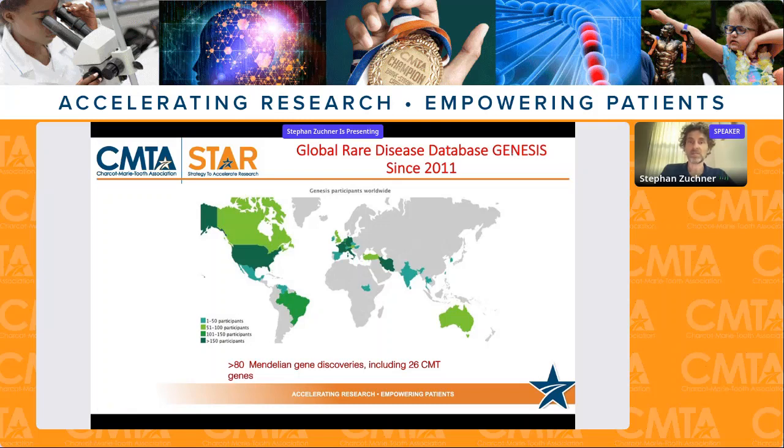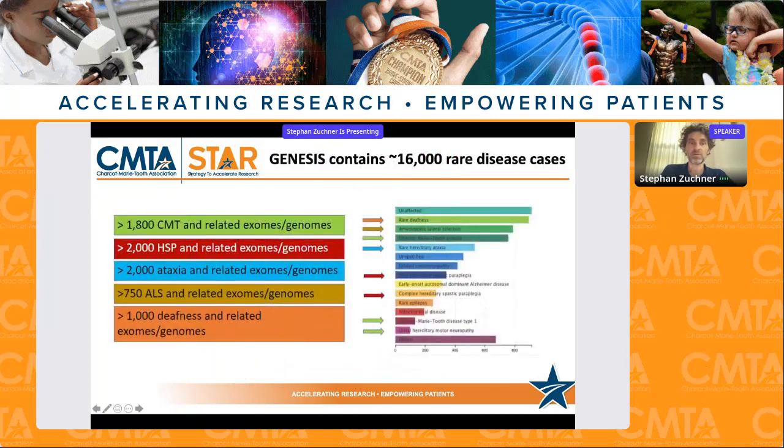And that database has really empowered a lot of the discoveries of these genes. So we currently, for instance, have close to 2,000 data sets from CMT patients. This data is available not just to my group in Miami, but really to any qualified CMT researcher out there.